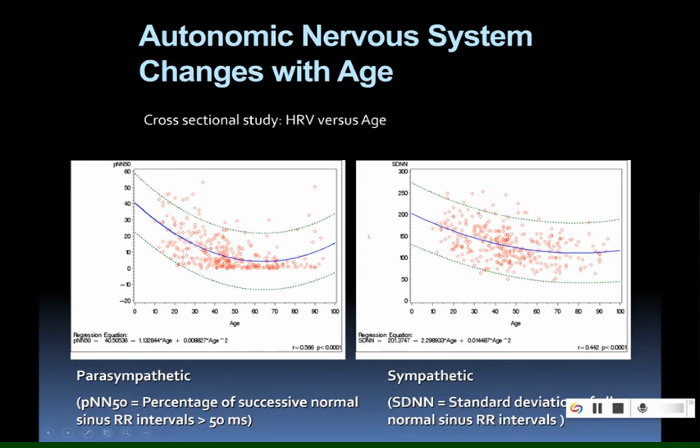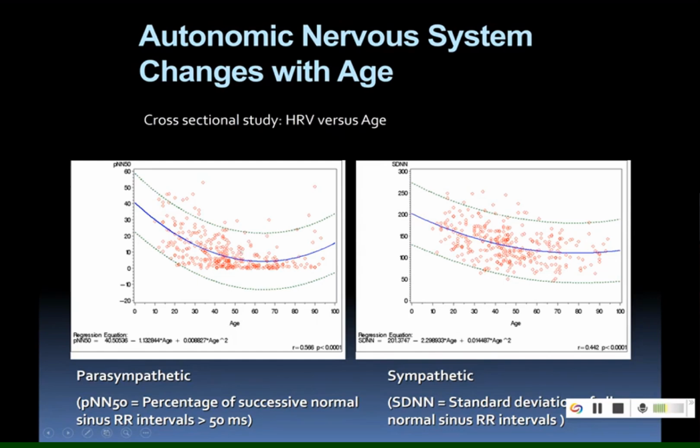Whereas the parasympathetic tone in a cross-sectional study appears to have a U-shaped curve, where folks that are 85 and older tend to have a parasympathetic footprint, if you will, similar to those that are in their 40s and 50s.